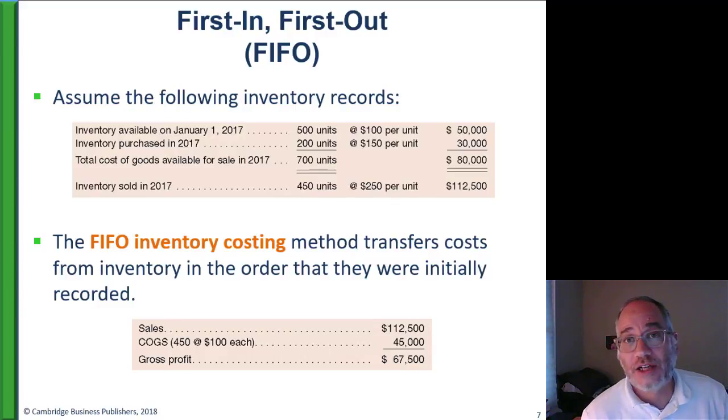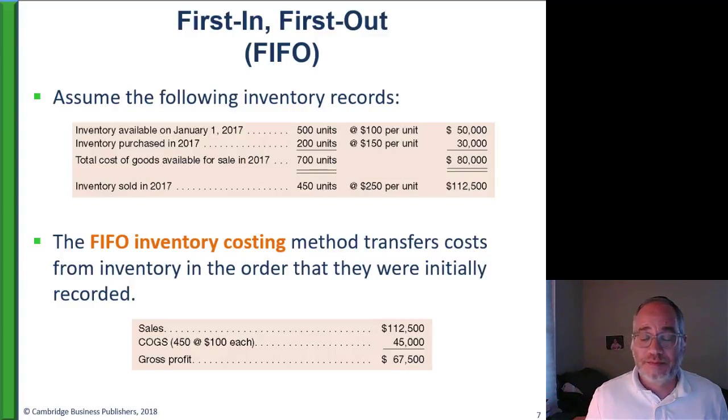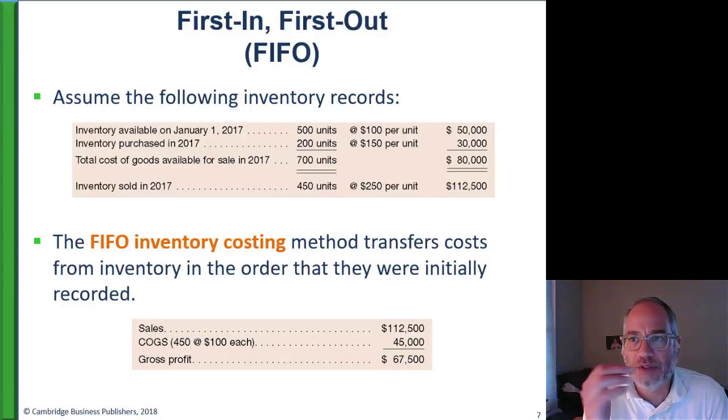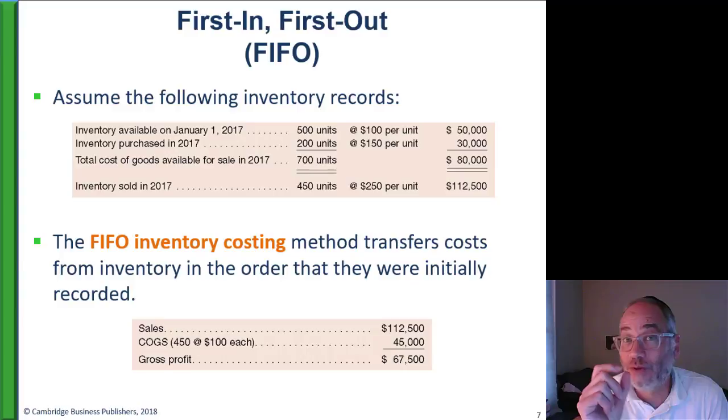So the way you would stock shelves is you would take everything on the shelf off, and then you would take the new stuff and put it in the back. Then you would take the old stuff and put it in the front. And this is always how you manage inventory. If you notice the milk case in the supermarket or at 7-Eleven, the old milk is in the front, that's the milk you take. And the new milk is in the back, that's the milk that you don't take.